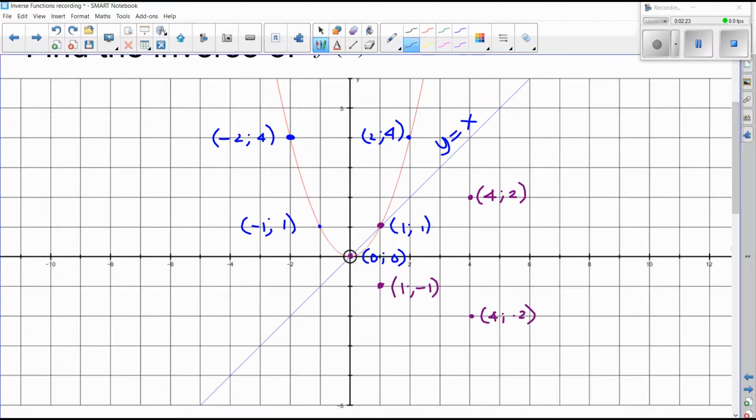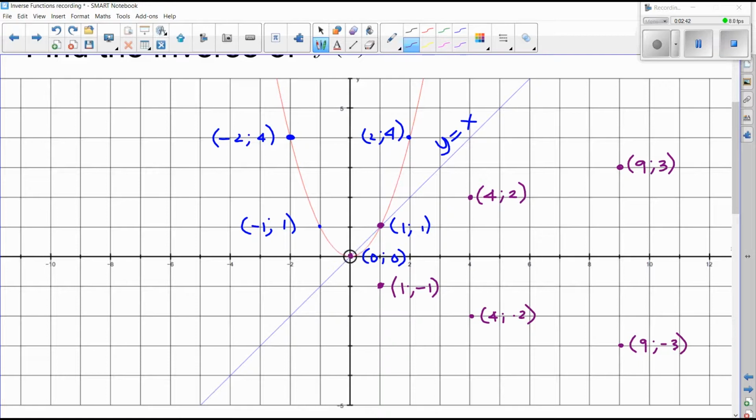I also have an additional point at x is 9 and y is 3, and at x is 9 and y is negative 3.